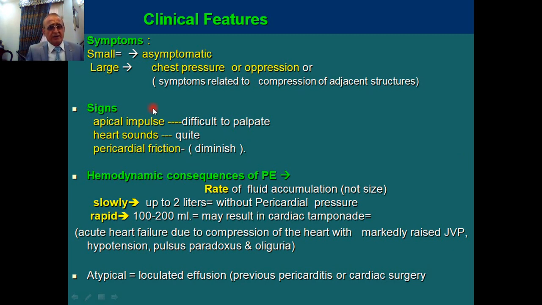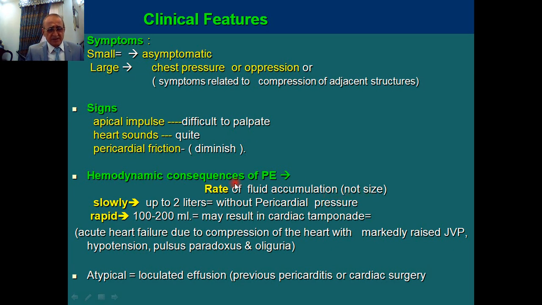Now, the outcome of pericardial effusion which we are afraid of, and that's cardiac tamponade, I'll talk about that, depends on the hemodynamic consequences. The hemodynamic consequences of pericardial effusion depend on the rate of fluid accumulation, not always the size.